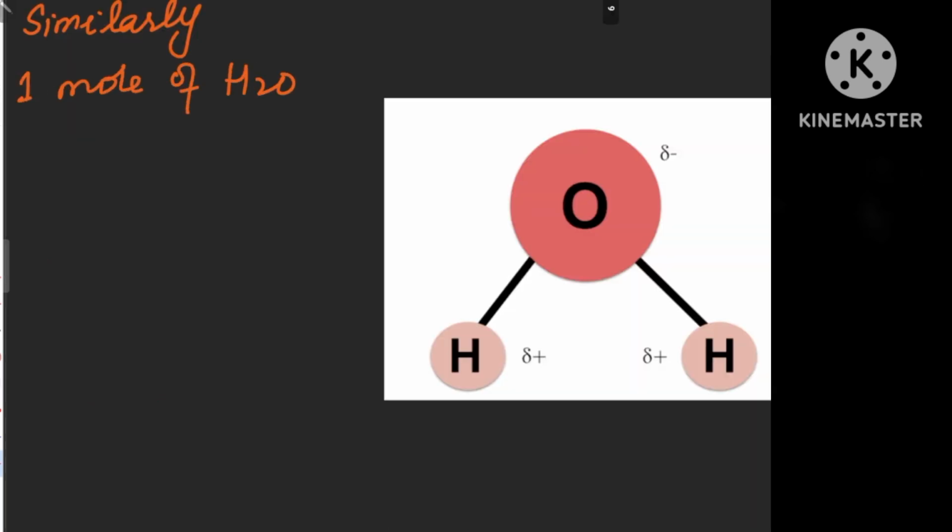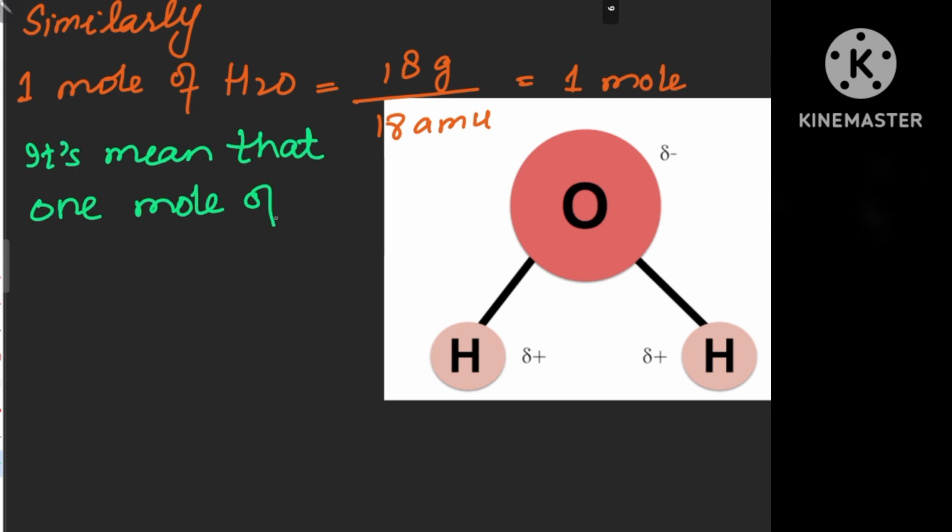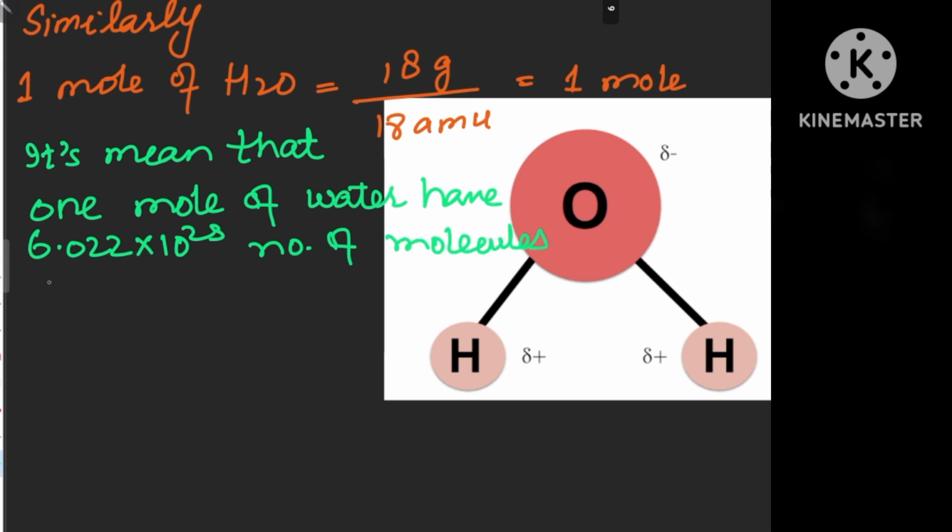Similarly, 1 mole of water is equal to 18 gram over 18 atomic mass unit. It means that 1 mole of water has 6.022 × 10^23 molecules and 18 gram of weight.